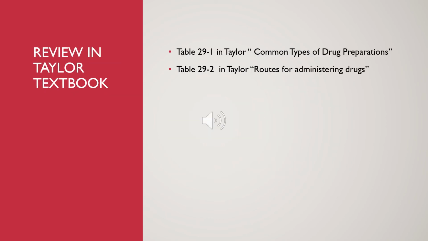In your Taylor textbook, you will see two different tables. Table 29.1 talks about common types of drug preparations, and 29.2 talks about routes for administering drugs. I couldn't get a good screen capture of those, so you could look that up in your textbook.